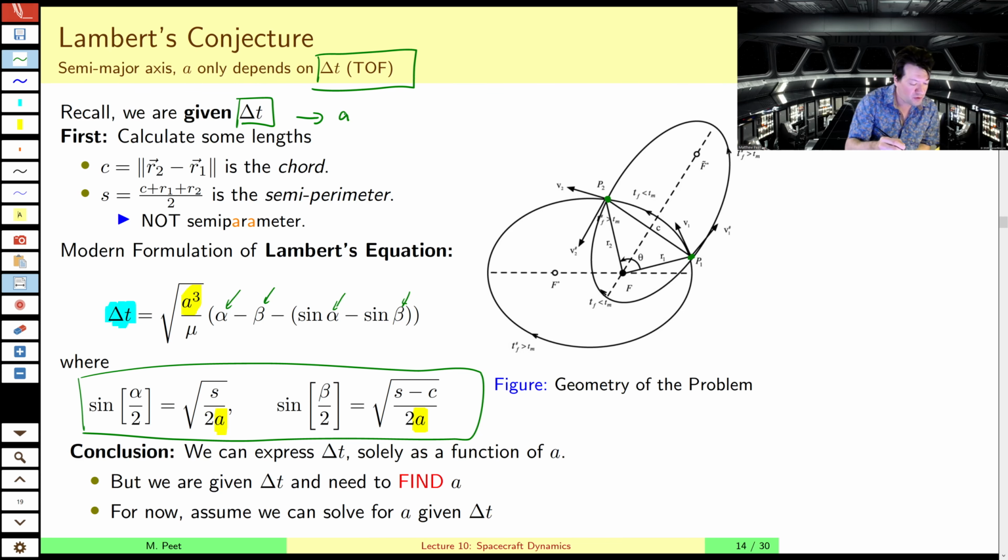But before I move on to explaining how this solution, the A, allows us to determine the geometry of the transfer orbit, I should explain these expressions a little bit more. In particular, two parameters which show up, S and C.